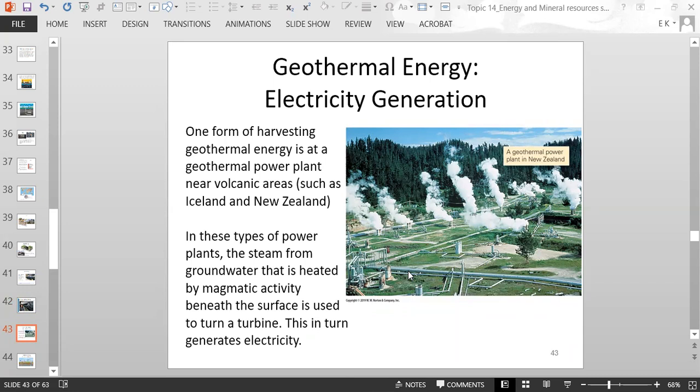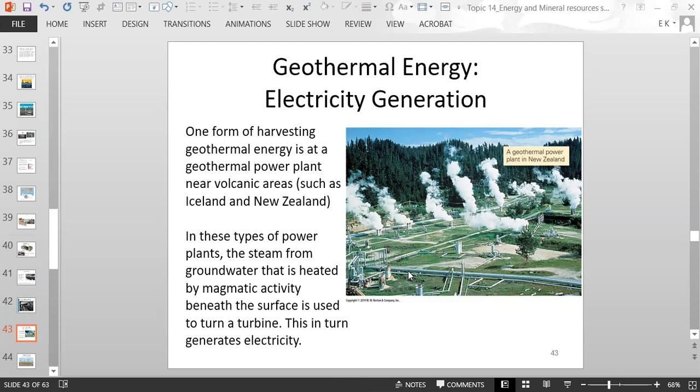So what you're able to do is use steam from heated groundwater, and then that steam is harvested and used to turn a turbine. And then once you turn a turbine, you're able to create or generate electricity.